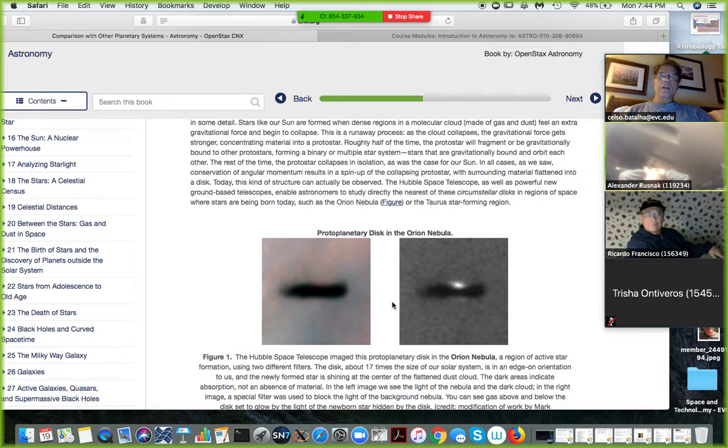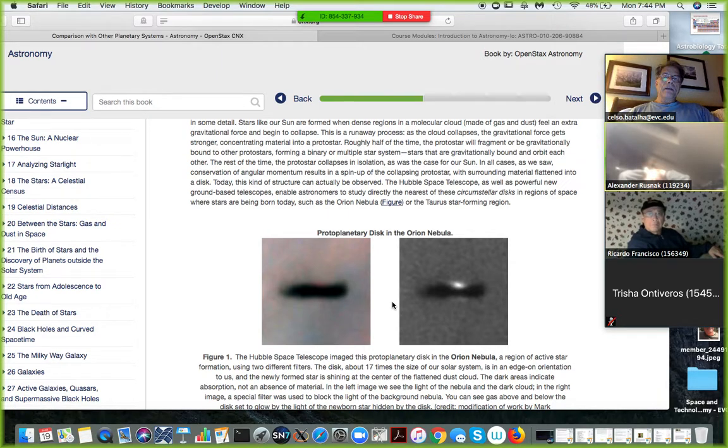Technically, based on statistical data, our galaxy forms 10 stars per year. That is the rate at which stars are formed in the galaxy, and it is an ongoing process.